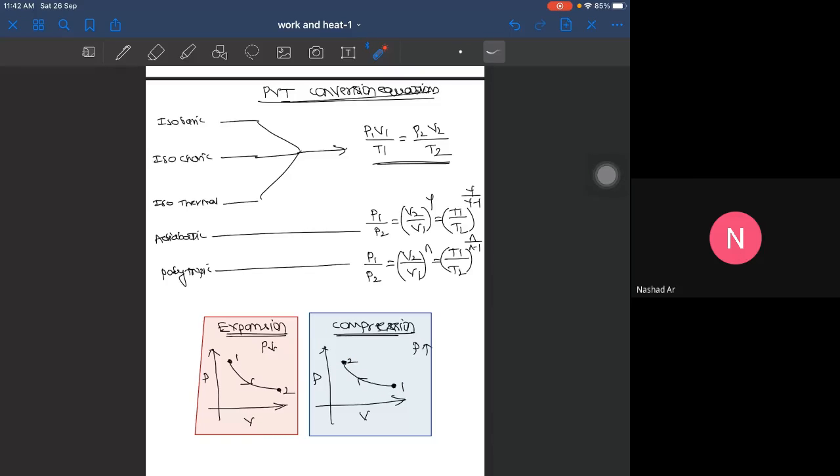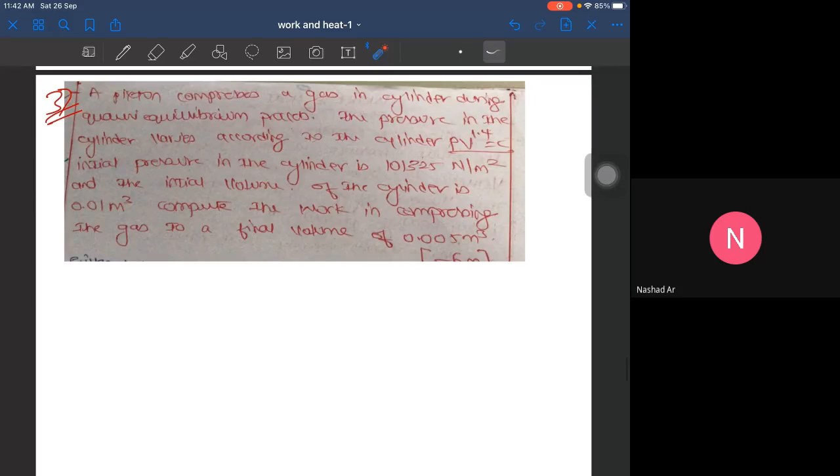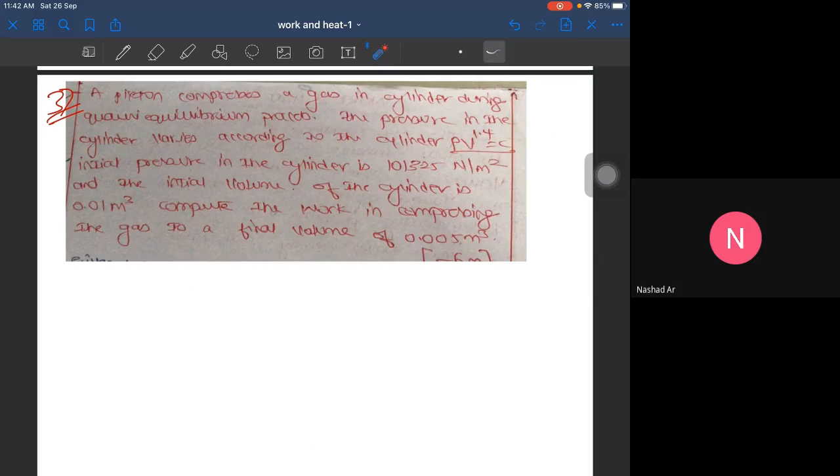Now we shall go for this particular problem. Everyone taken it down? A piston compressor compresses a gas in a cylinder during a quasi-equilibrium process. He has not specified which process it is now. He has just said it is quasi-equilibrium. It is quasi-static.